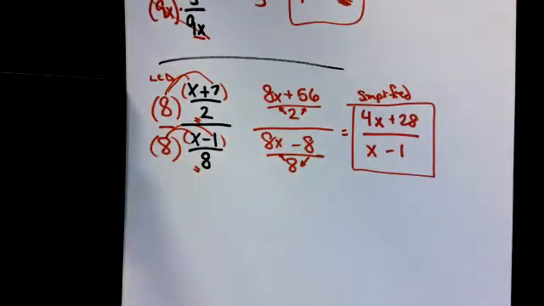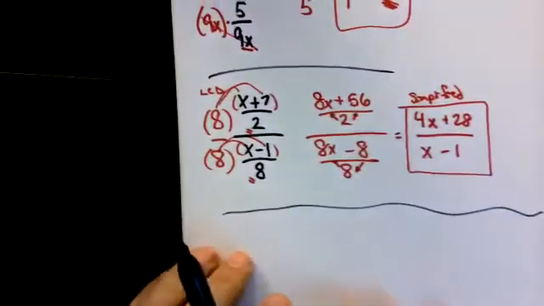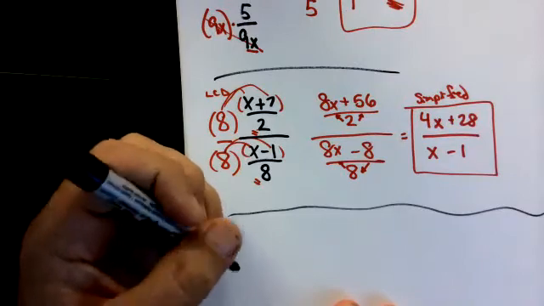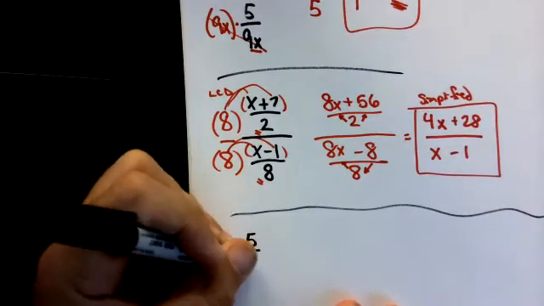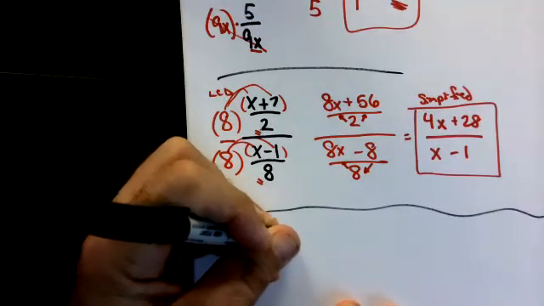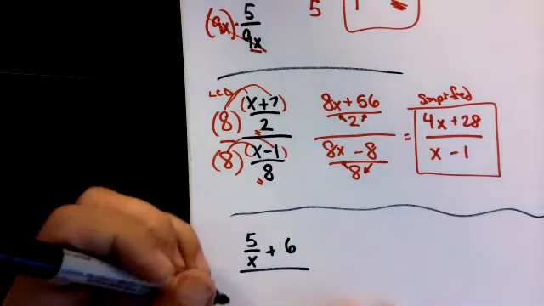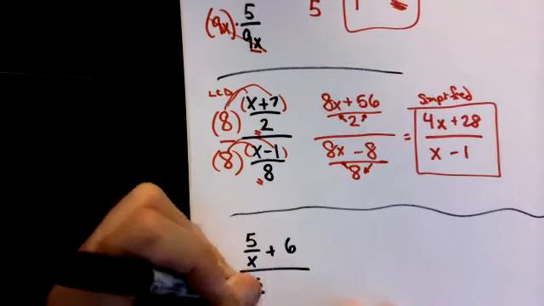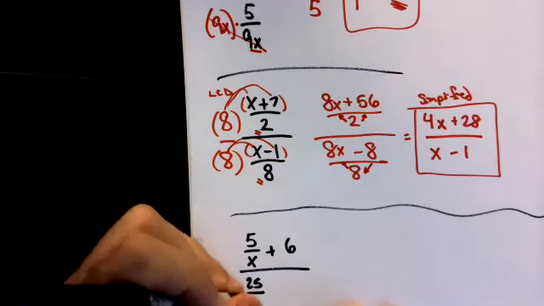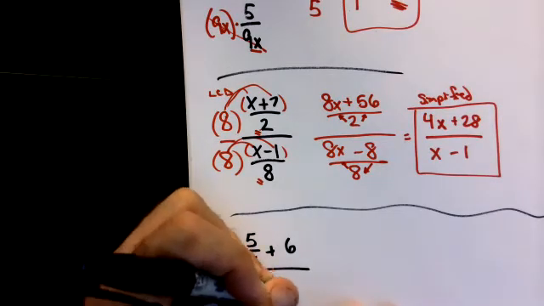But this is kind of where the rubber meets the road, and they'll throw at you something like this. All right, so say we've got 5 over x plus 6, over 25 over x squared minus 36.